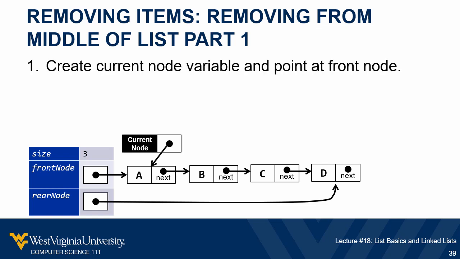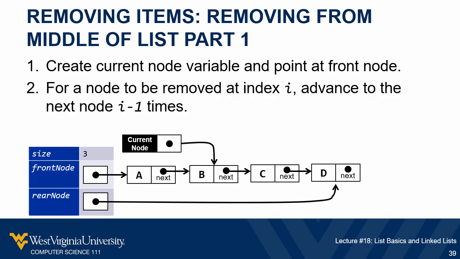We're going to start current node at the front, and we're going to advance it the index of the node that we're removing minus 1 times. So since I want to remove node 2, I'm going to advance current node once. The idea here is that current node is going to be pointing at the node before the one we're removing, and that's because we've got a singly linked list and I can only go forwards.